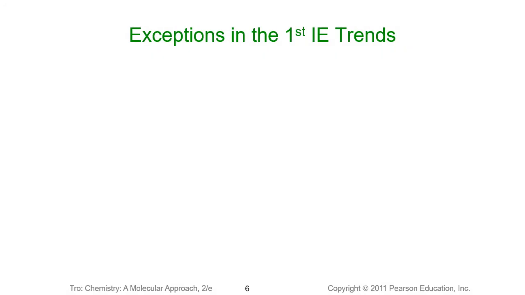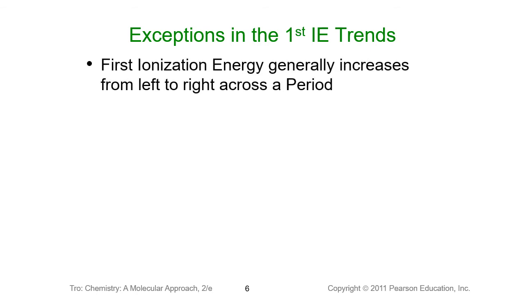We do have a couple exceptions to our first ionization energy trend. So they generally increase up and to the right. However, if we look at Group 2 and Group 3, Group 5 and Group 6, we see some discrepancy.